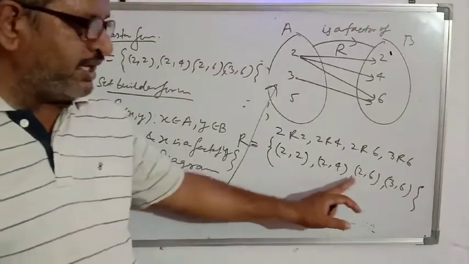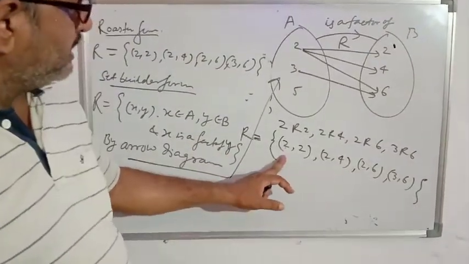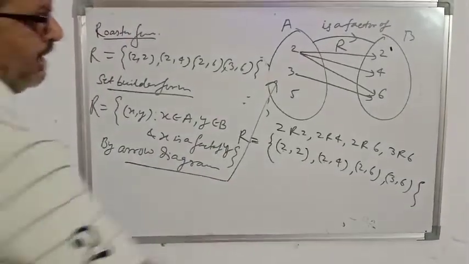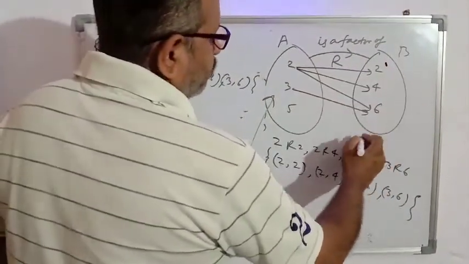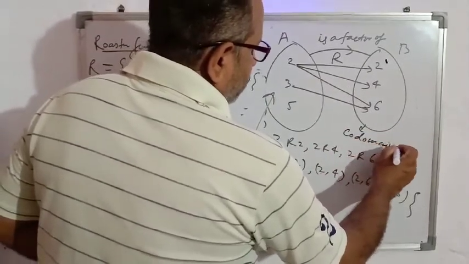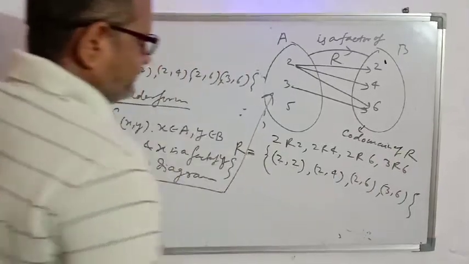Collection of first component is called domain of the relation. Collection of second component is the range of the relation, and the whole set B is called codomain of the relation.